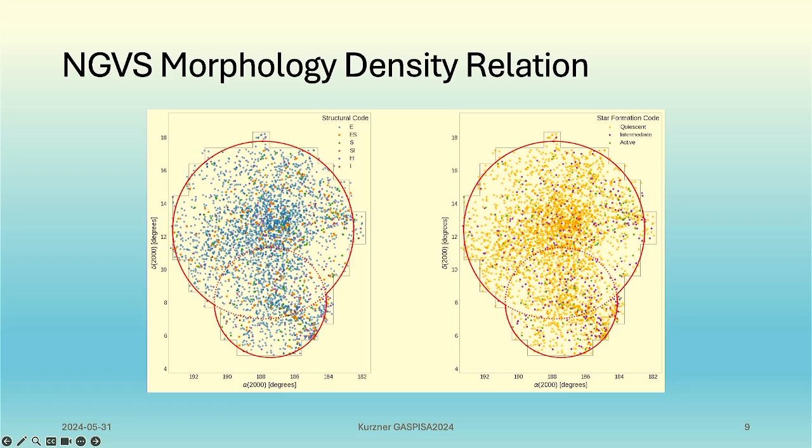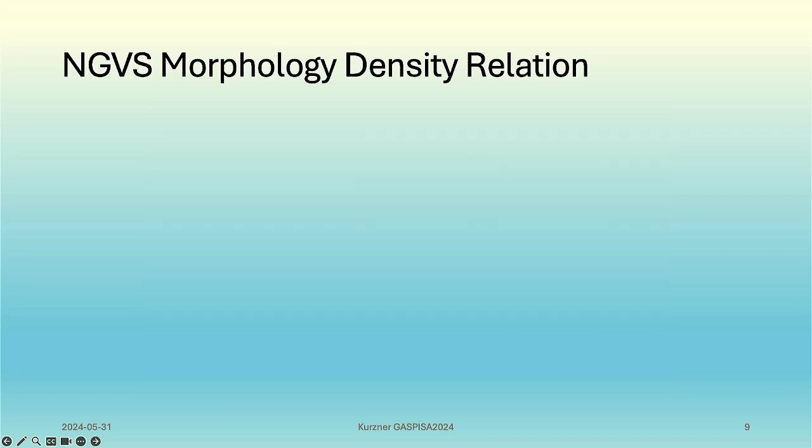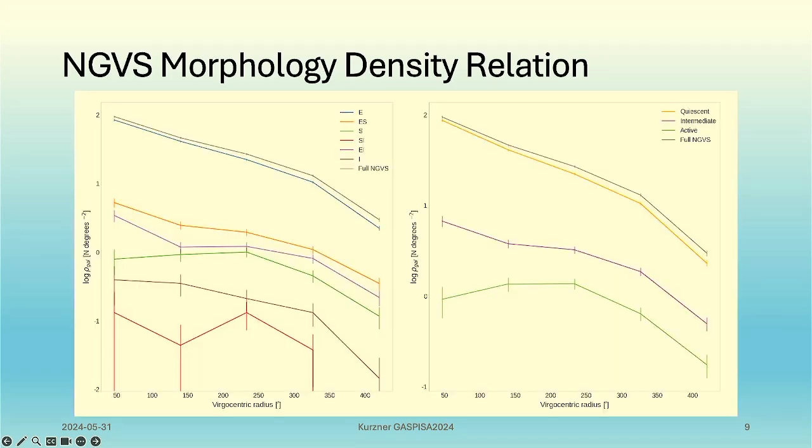So then from there, you can bin what these look like in terms of Virgo-centric radius, and you recover a gentle but significant trend in morphology density as expected, where the more early type galaxies are found preferentially towards the center, where they've been quenched, and the more vigorously star-forming morphologies are found in higher amounts as you go to increasing radii away from the center.